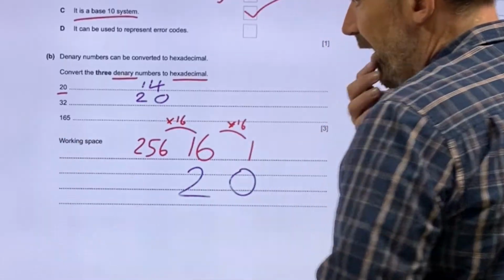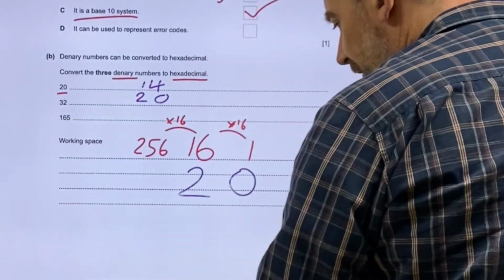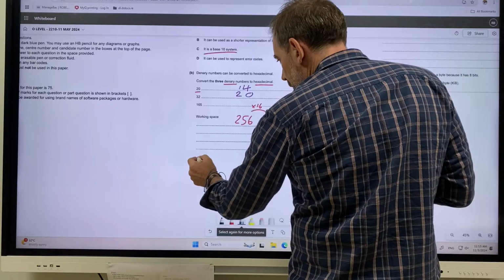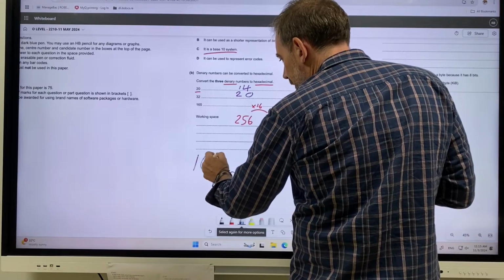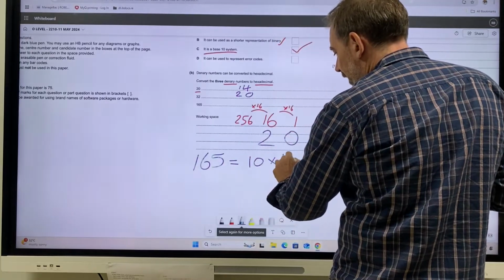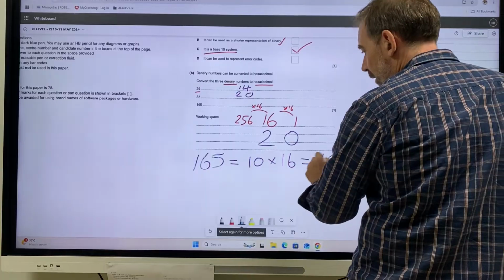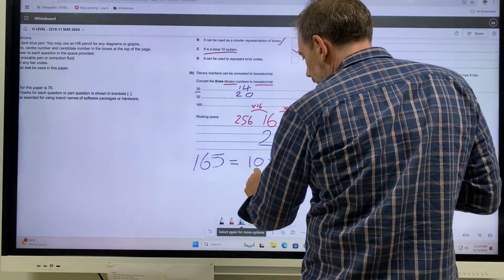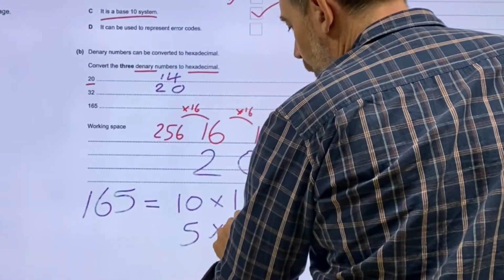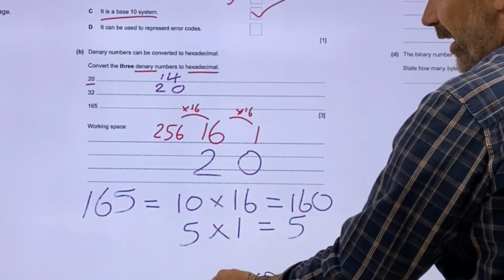Now 165's a little bit more difficult, but if I break 165 down, that equals 10 times 16, which equals 160. And how many is left over? So it would be 5 times 1 equals 5. So that would give me 165.